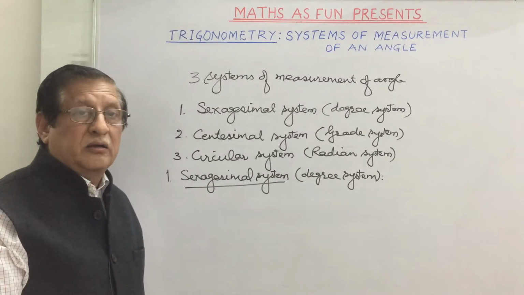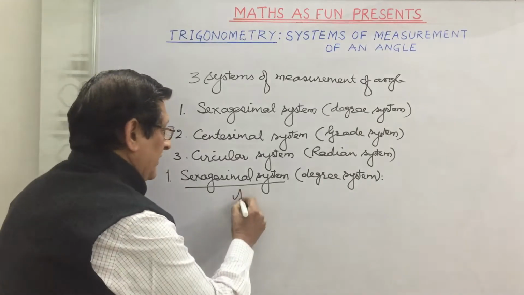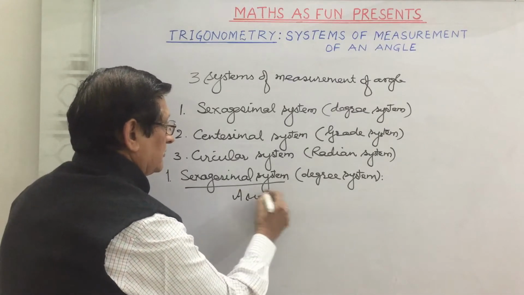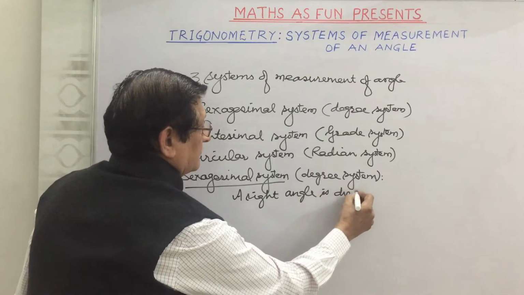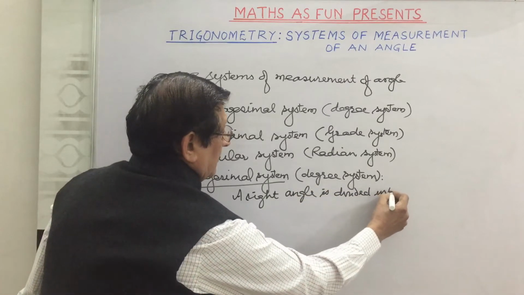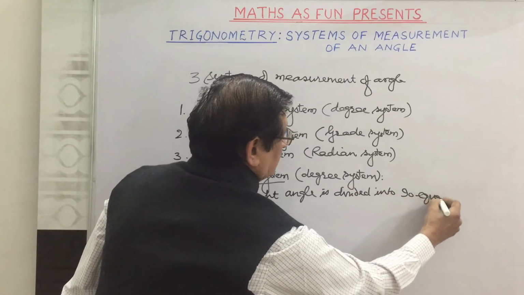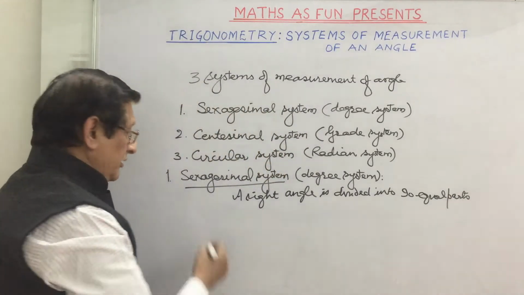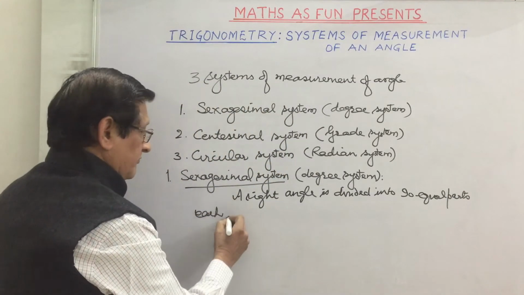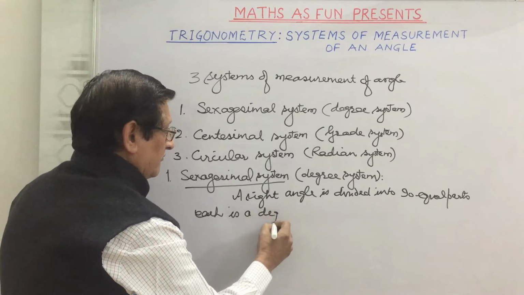A right angle is divided into 90 equal parts. Each is a degree.